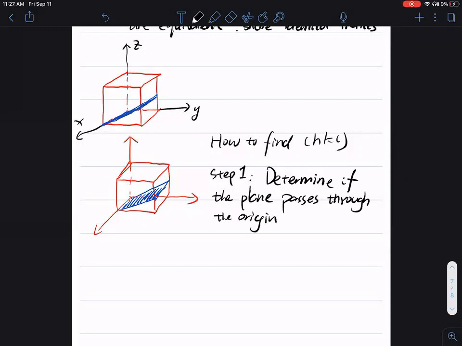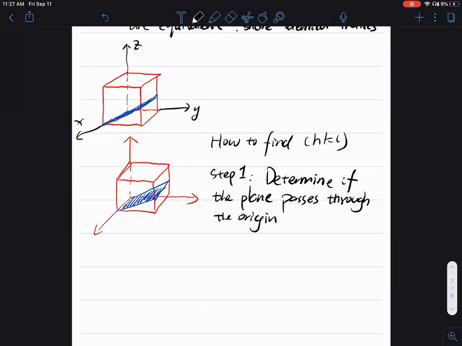Okay, now let's look at this unit cell and this plane. Does the plane pass through the origin? Yes or no? Yes, right? That plane crosses through that origin.